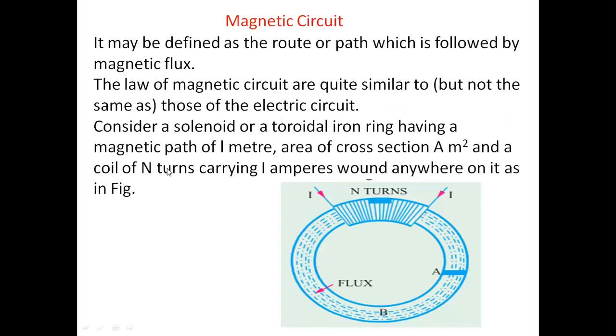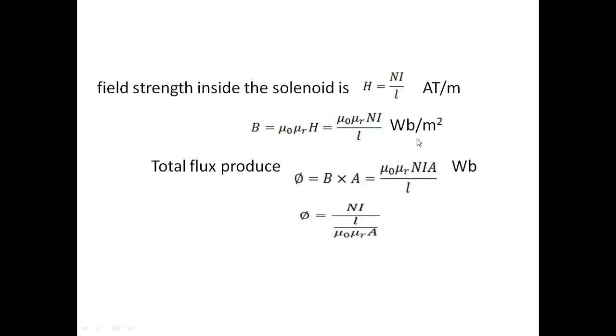So L is the magnetic path of L meter. That is the field strength H equals Ni by L.